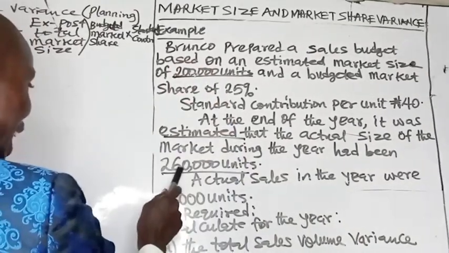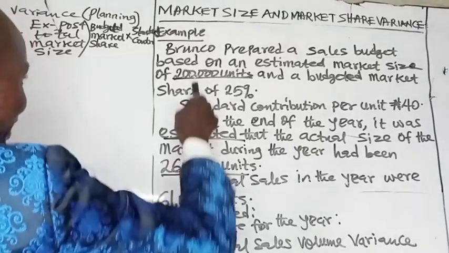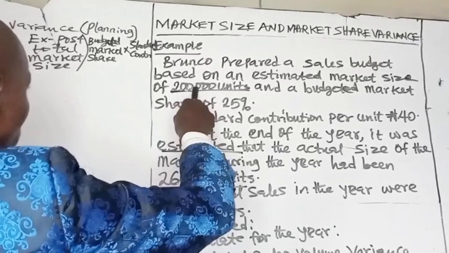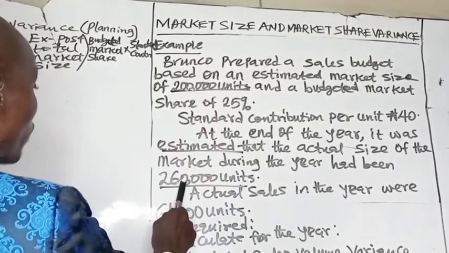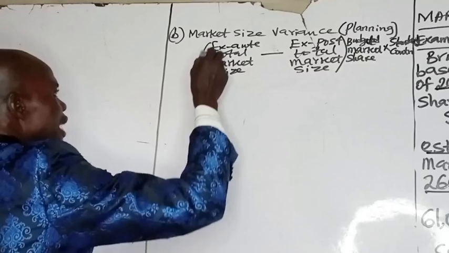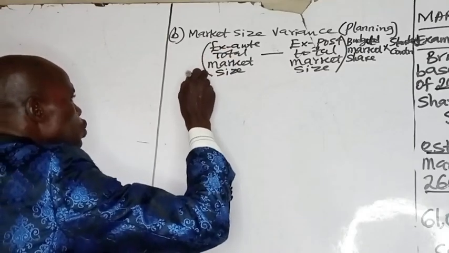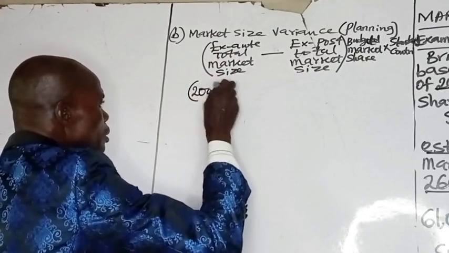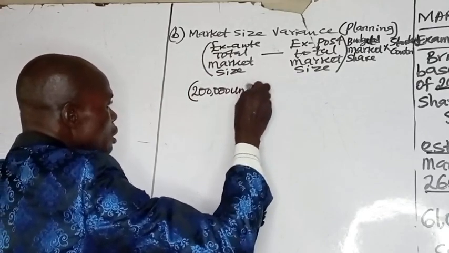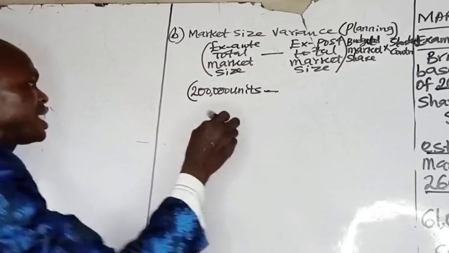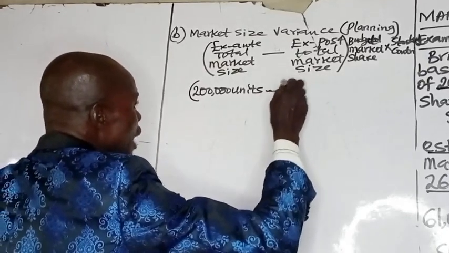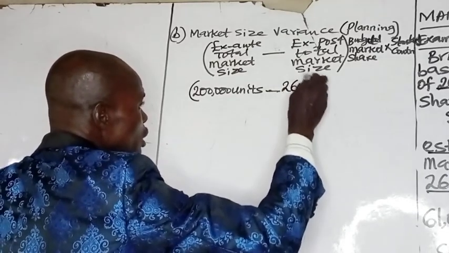This is the latter target. So ex-ante total market size is 200,000 units, while the ex-post is 260,000 units.